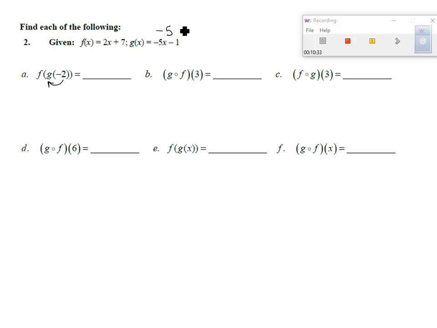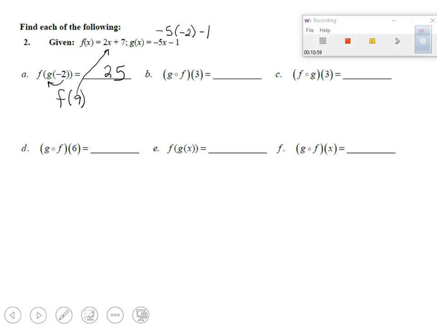So I'm going to have negative 5 times negative 2 minus 1, which is negative, is going to be 10 minus 1, 9. Now I'm going to find f of 9. Plug 9 right there and get 2 times 9 is 18 plus 7 is going to be 25. Plug in a number, get a number.